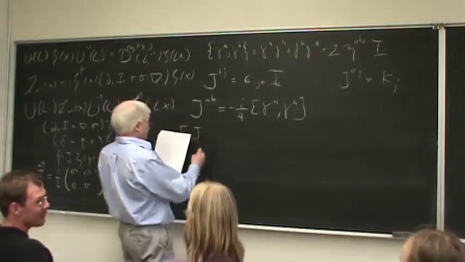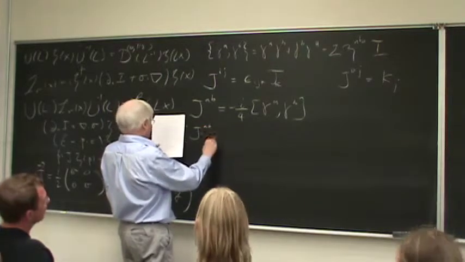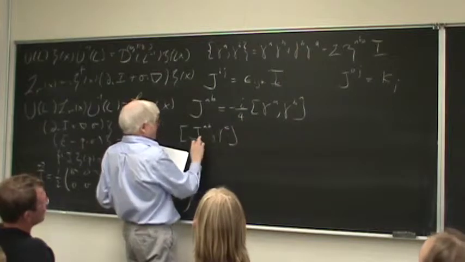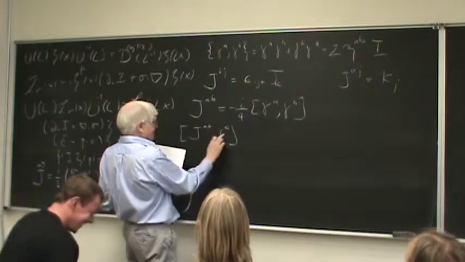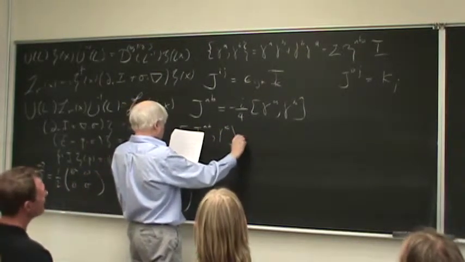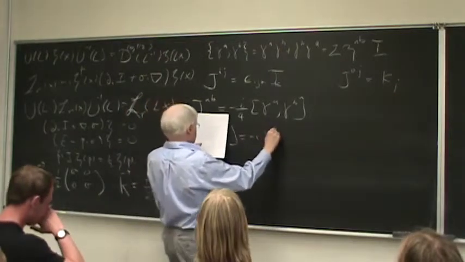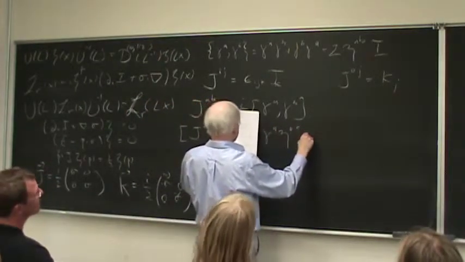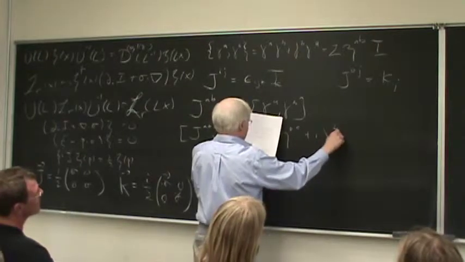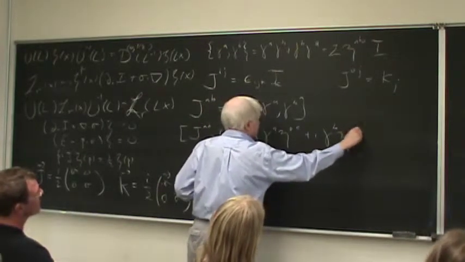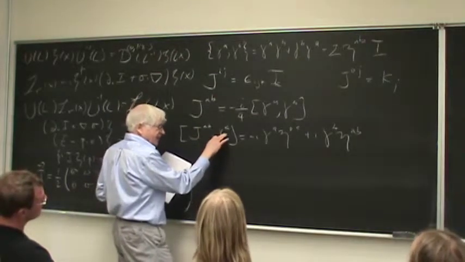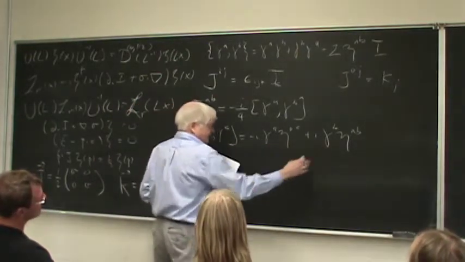Okay, so in what sense is this true? It's that J_AB with gamma_C is minus i gamma_A eta_BC plus i gamma_B eta_AC. So what this is saying is that the four gammas transform as a four-vector.